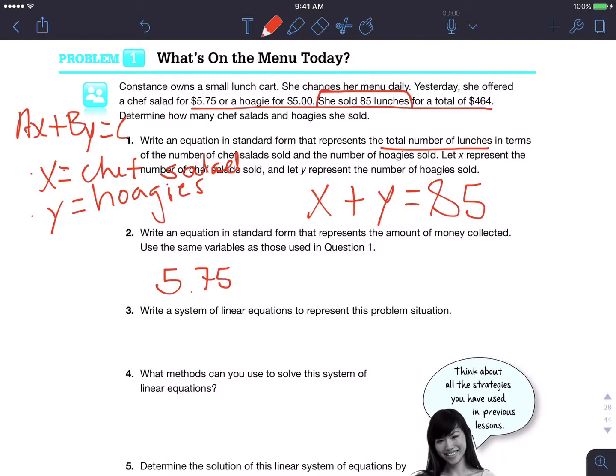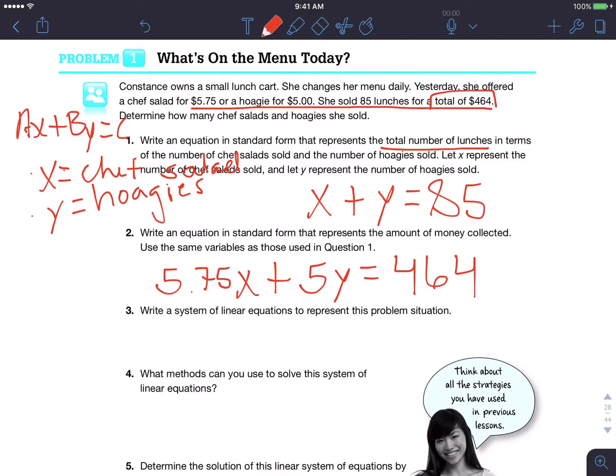$5.75 X plus how many hoagies? $5 for a hoagie. I'm just going to put 5Y equals, so now that we're talking about money and we're writing things in terms of money, we're going to use now this figure here, 464.